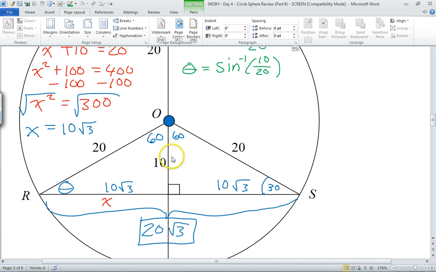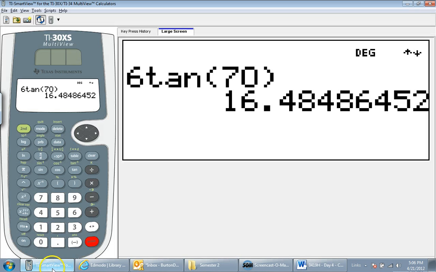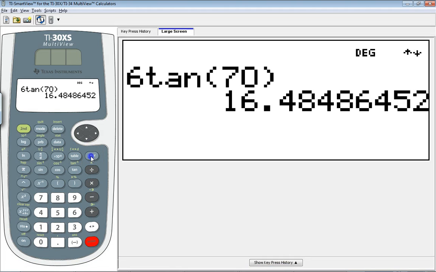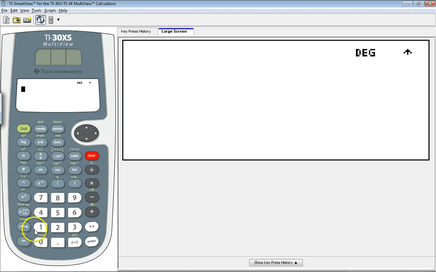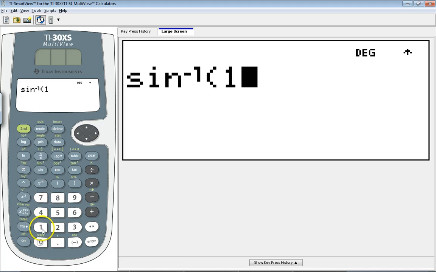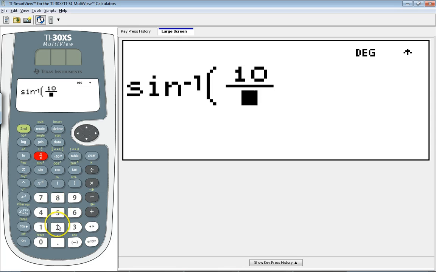So let's see, inverse sine of 10 over 20. Just one more time, let's do that on our calculator. I need to hit second sine for inverse sine, and then I can just do 10, use our n over d button, 20.